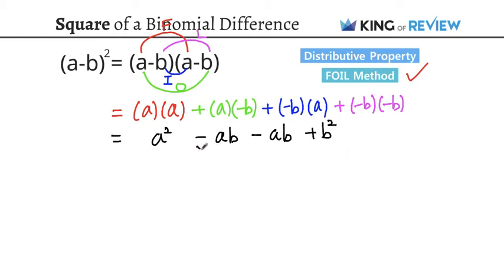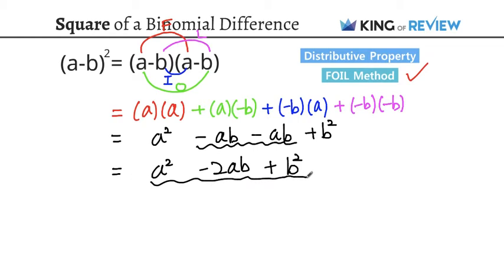And then look at this inside, those are like terms, so we can combine. So a squared minus ab minus ab is minus 2ab, and then plus b squared. So this is the answer of a minus b, the whole squared.